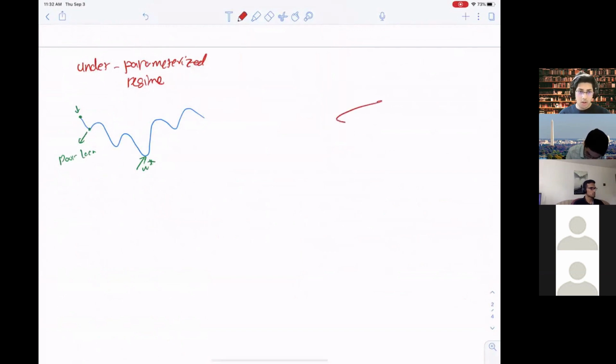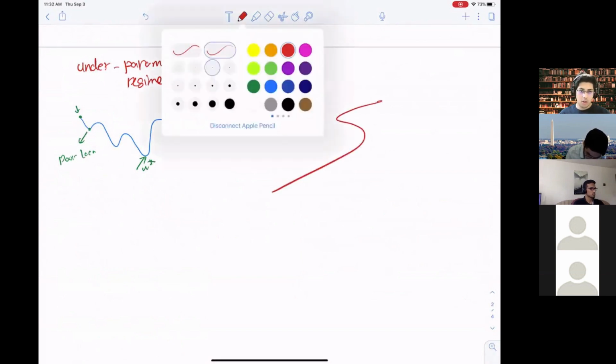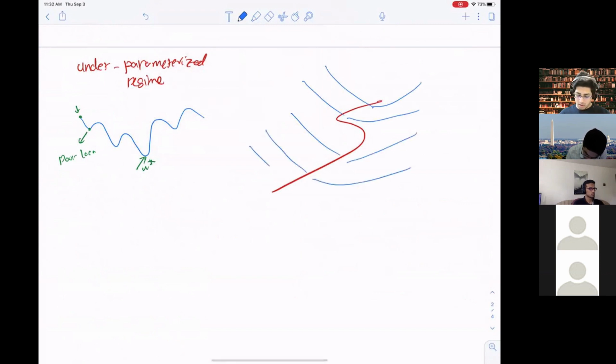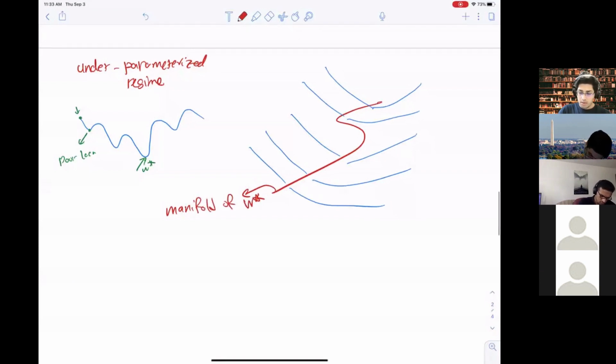So I'm gonna draw a picture. Hopefully it will be clear, but you can look at the paper for a better visualization. Let's say the blue is my loss function and red is the manifold of w star. Again, these are not isolated.